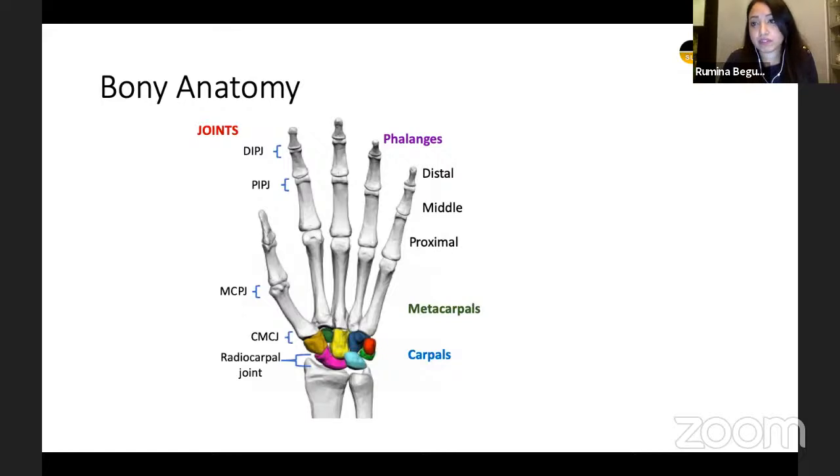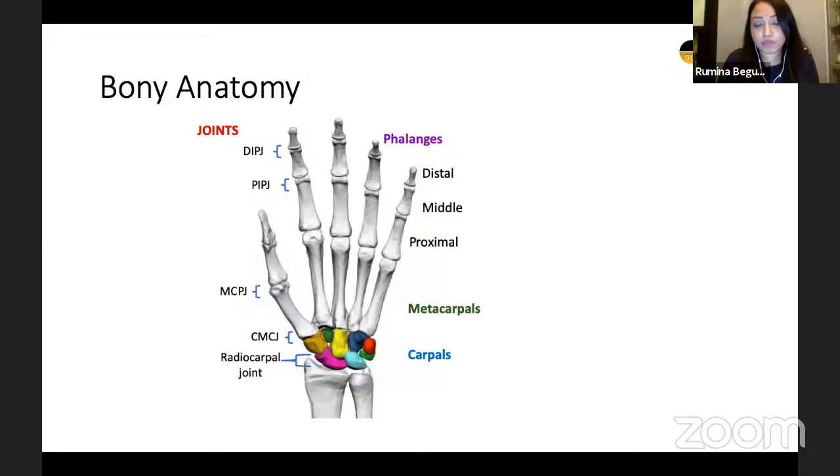The way to remember, if it all gets confusing, is to think about the two bones that are articulating with each other. So with the phalanges, it'll be interphalangeal joints, and you have the distal, DIPJ, and the proximal, PIPJ, interphalangeal joints. And then with the MCPJ, it'll be the metacarpal bone articulating with the proximal phalanx. Note that with the thumb, there is no DIPJ or PIPJ, it's simply the interphalangeal joint.